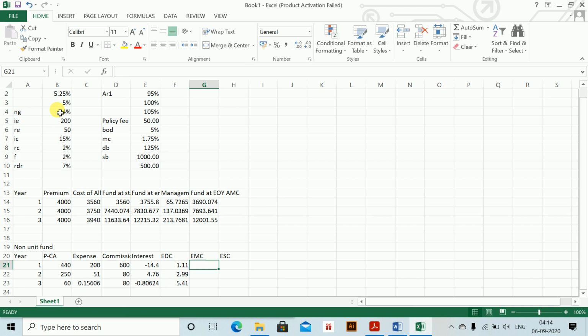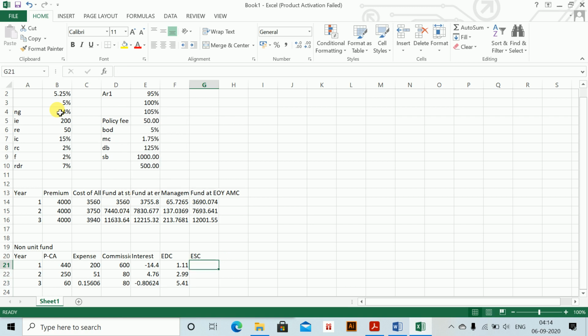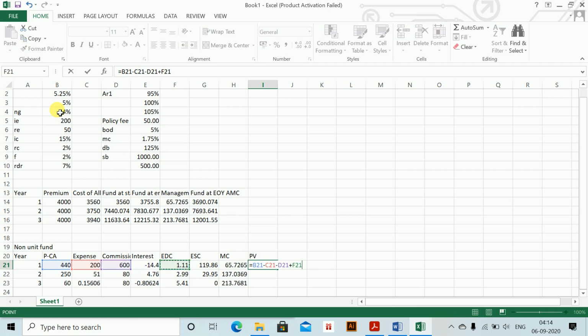Similarly there is no maturity cost as 100% of the bid value of units is payable, and surrender cost is 119.86, 29.95 and 0. Last year he cannot surrender. Management charges get added over here, so from above please bring the management charges down, and then profit vector. Profit vector is equal to premium minus expense minus commission plus interest minus death cost minus surrender cost plus management charges.